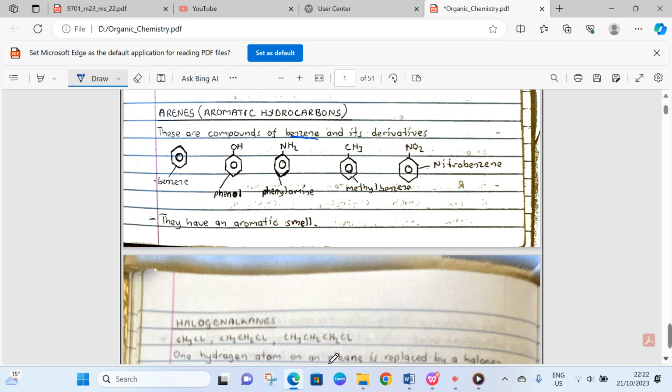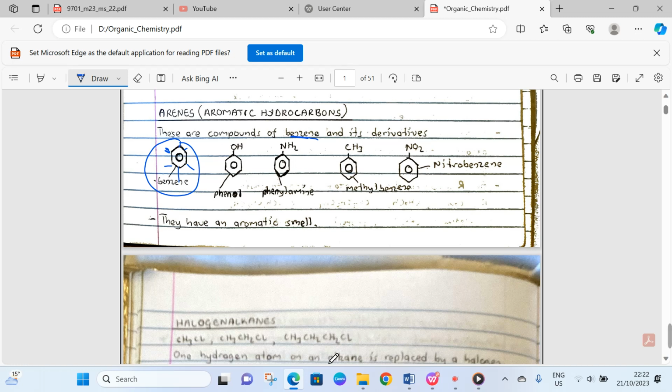Okay, so this is benzene, right? I shall do a separate video on benzene to help you explain what benzene is. Benzene also has the hydrogen atoms, which are not being shown here, the 6 hydrogen atoms.